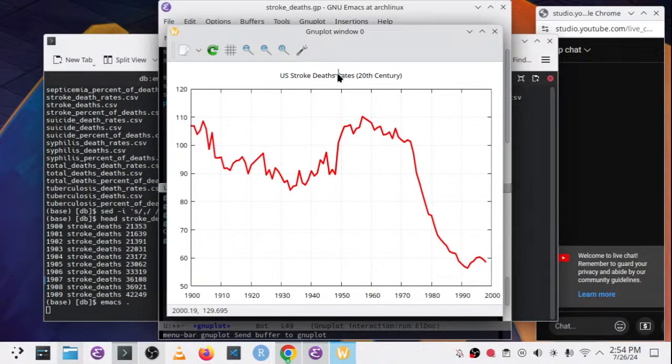While the number of stroke deaths has increased since 1970, the percent of people who died during the 20th century from stroke has declined. The number of strokes itself, the number of stroke deaths, has increased. Okay, if that makes sense. Hopefully that makes sense. Let's just make this over here blue.